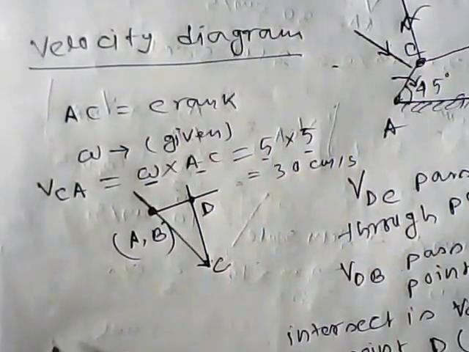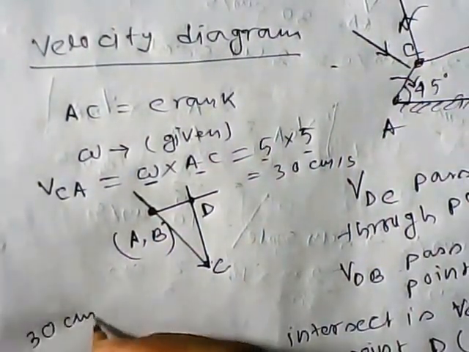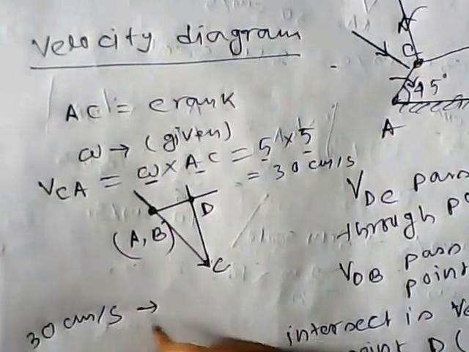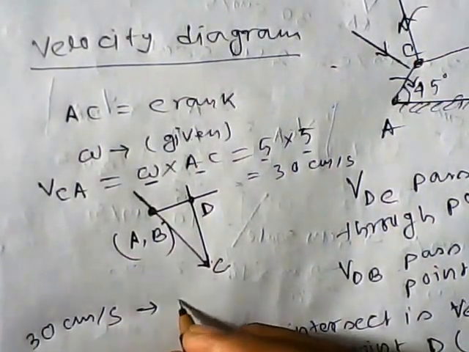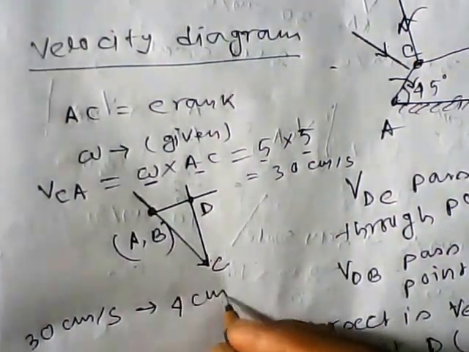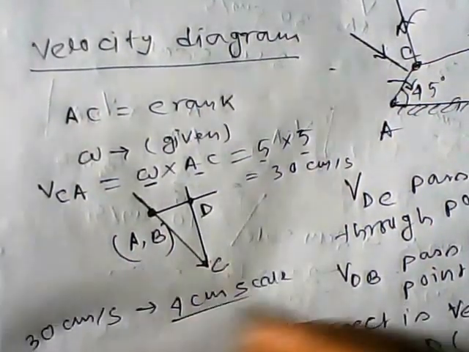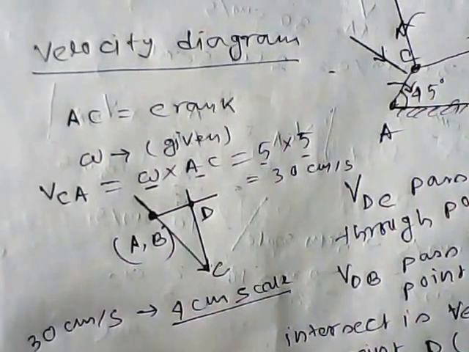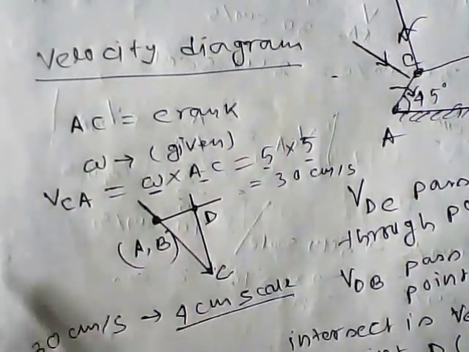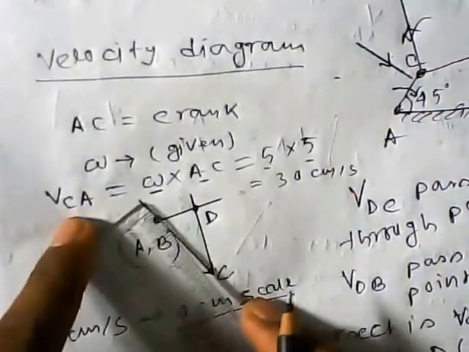Now we have to consider a scale. Suppose 30 centimeter per second equals 4 centimeter scale. I consider it. And here this line is 4 centimeter.